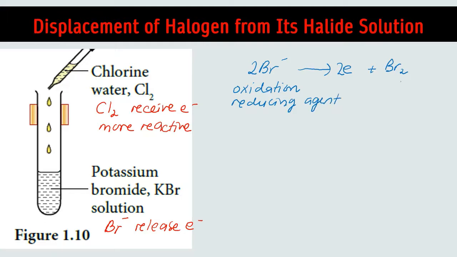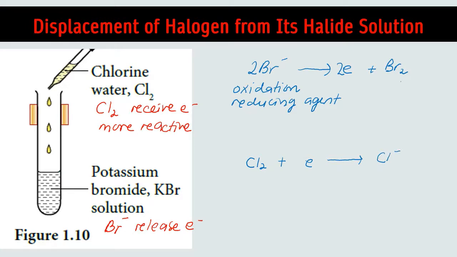What happens to the chlorine molecule? As I said before, chlorine is a better oxidizing agent. Therefore, chlorine molecule will receive electrons to form a chloride ion.